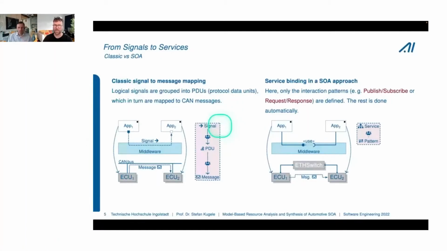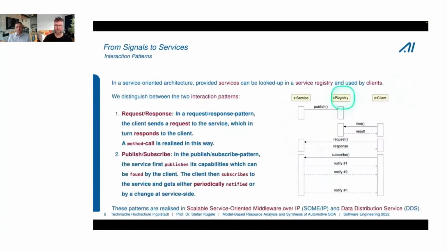Where we want to go is basically a service-oriented approach, where it's not necessary to manually map all those messages, but just to specify which communication pattern works for which service. Usually, we can see two types of communication patterns. One is the publish-subscribe communication pattern, and the second one is the request-response communication pattern.